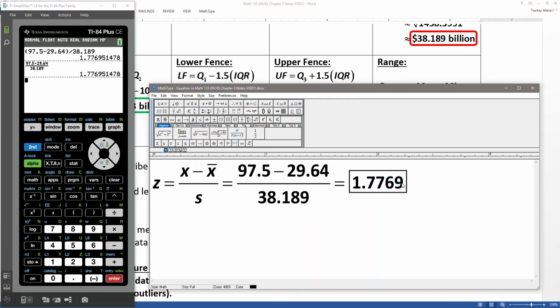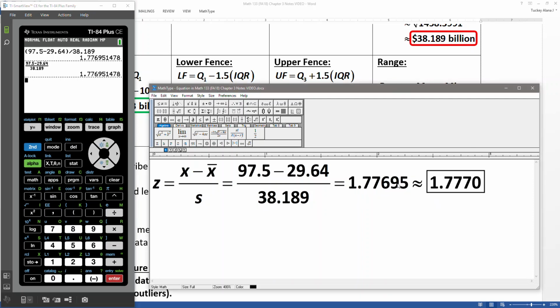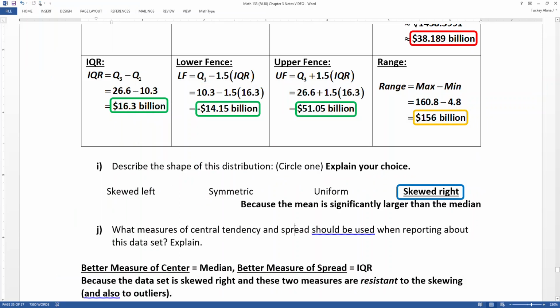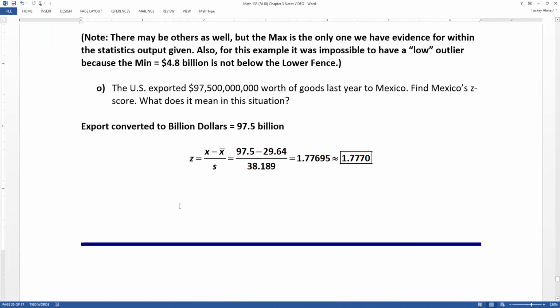So you can see it's 1.77695, right? So I could put 695 right there. Or if you want to round it to 3 decimal places, that'd be 1.777, roughly, because the 5 rounds the 69 up to 70. All right, now what does that mean in the context of the situation?